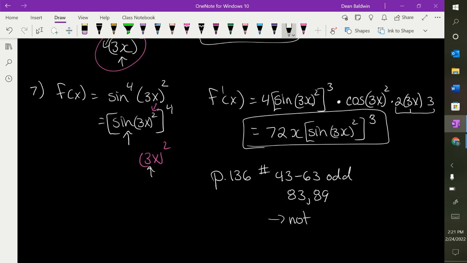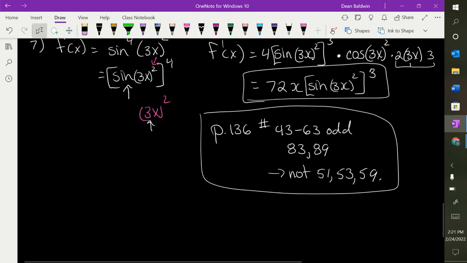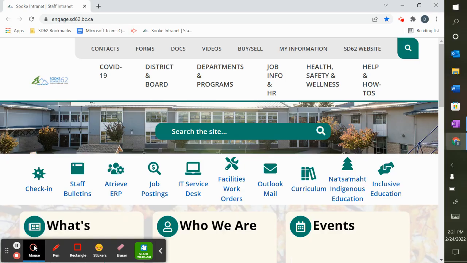Not 51, 53, and 59. Okay. Please practice those, because the next video that I'm going to do in a sec here is combining product and quotient rule. And you saw one of those at the end. They can get a little messy. So take a break, do some practice questions.